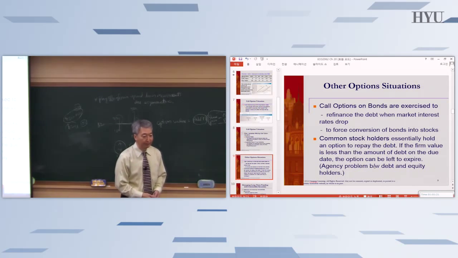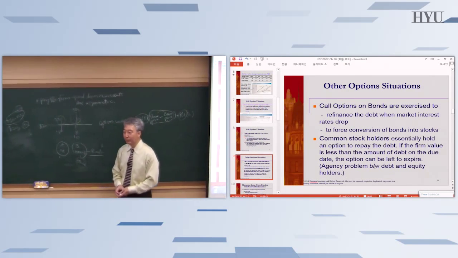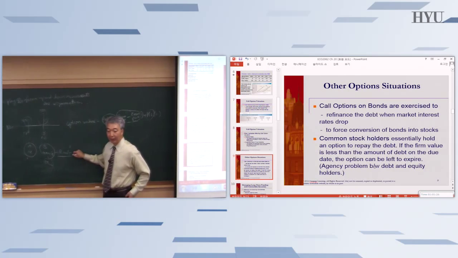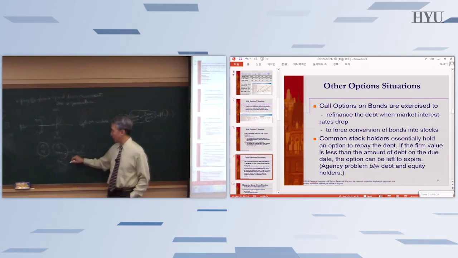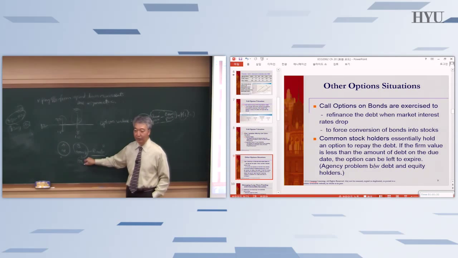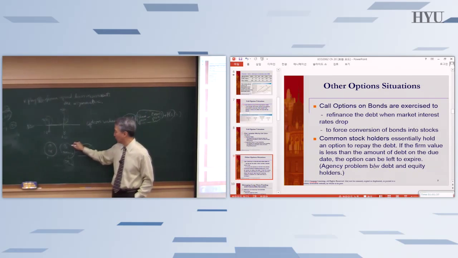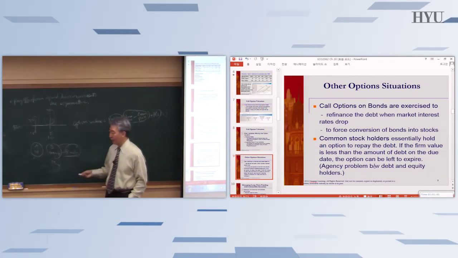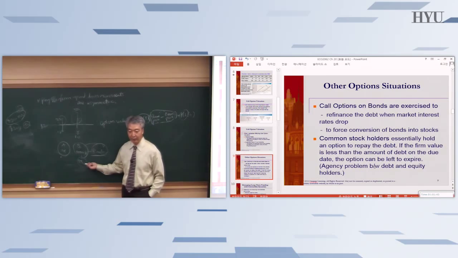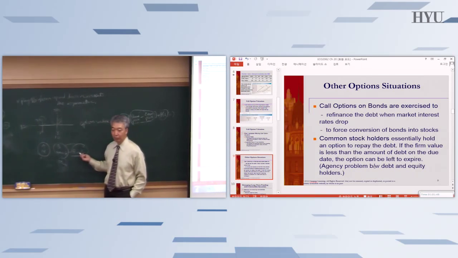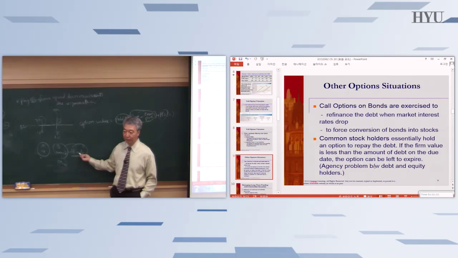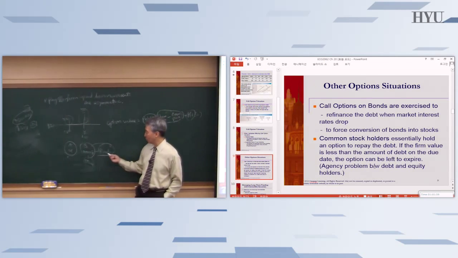In this agency problem, debt holders are the principal and stockholders are the agents, because debt holders lent their money to the company. The stockholders and the managers are supposed to be agents who protect and work for the owners of the money, the people who lent their money, to take care of their interest. But we have two different goals here.